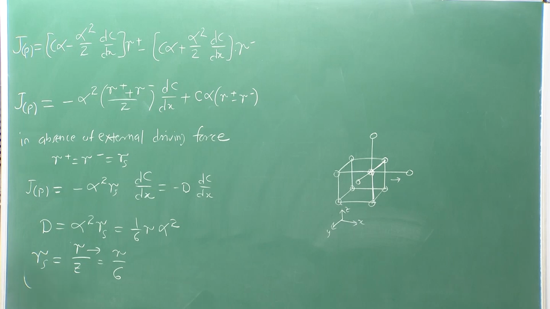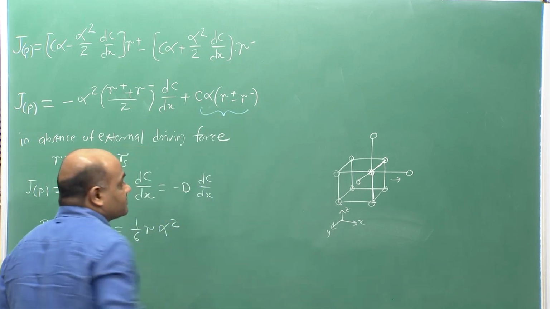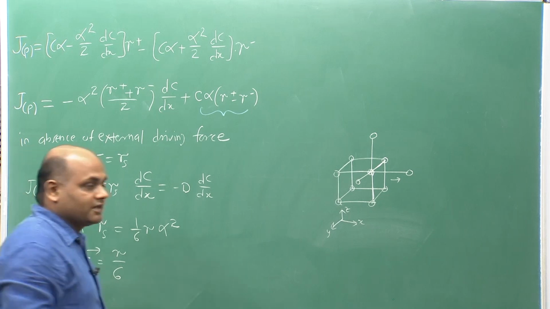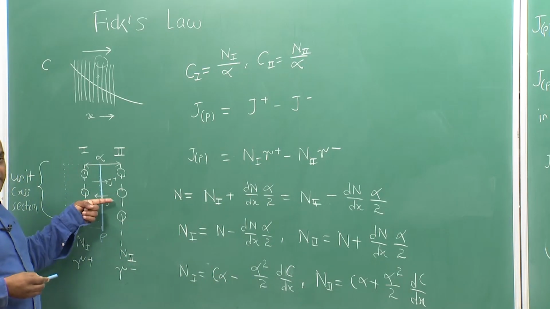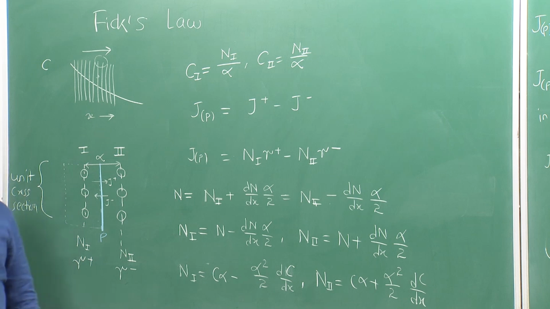Okay. Now, let us look at this second term here. Whenever there is an external driving force present, then the jump frequency in plus x direction will not be same as that in minus x direction, right, depending upon the gradient of the external field.